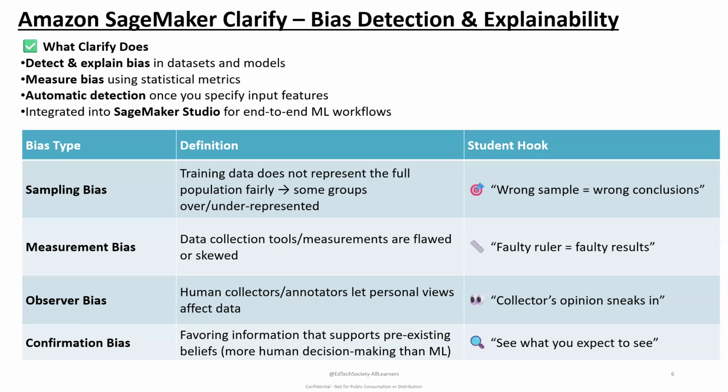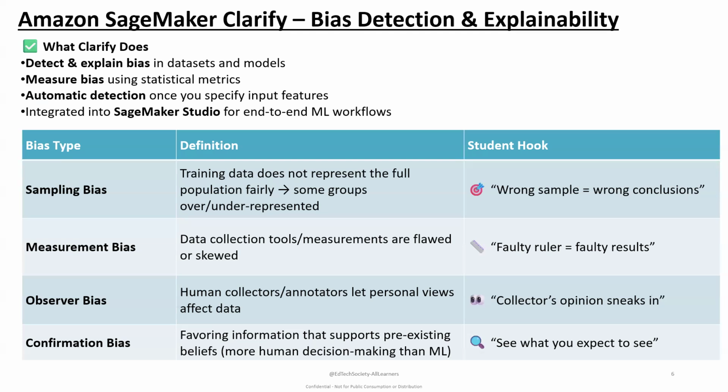So suppose you have a human in the loop, and the specific human puts in some personal view, suppose some political view or gender bias, those kinds of things. If they put it in the model, that will obviously cause observer bias, and your model will not behave properly.